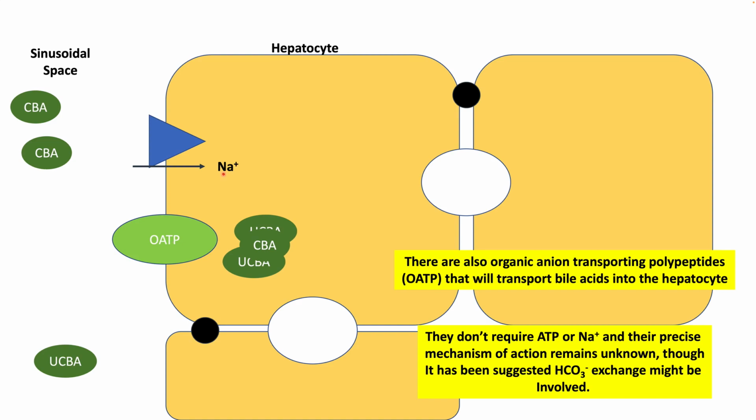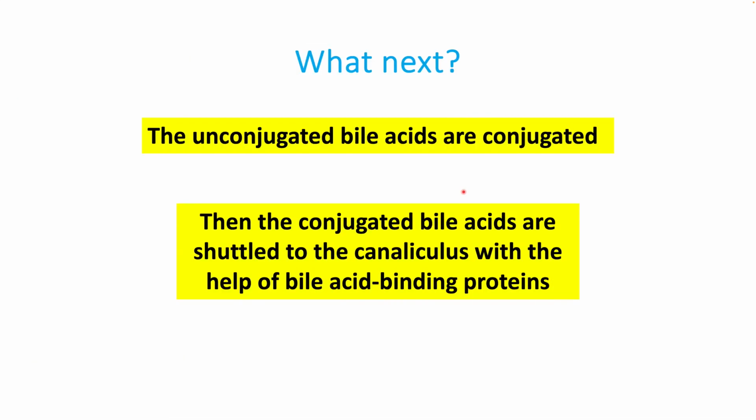So what we can now see is we have in the hepatocyte both conjugated and unconjugated bile acids, and we need to get them from this area across to the canaliculus to be transported. Now, an important thing to understand, however, is that only conjugated bile acids can make their way into the canaliculus, which means we have to conjugate these unconjugated bile acids.